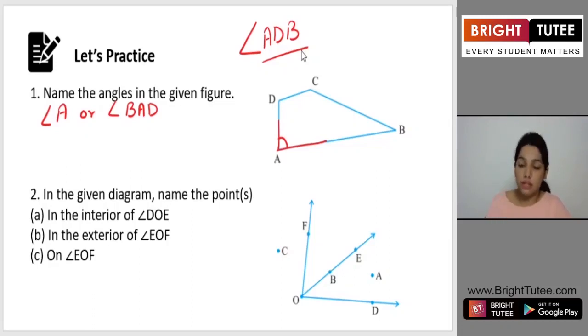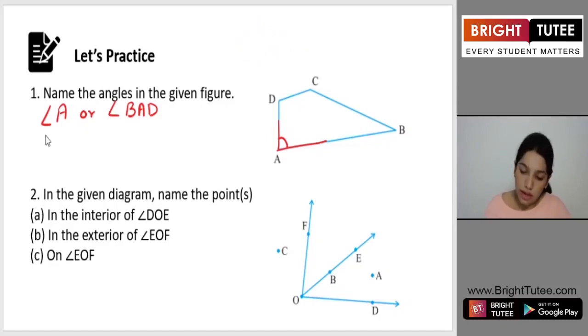It should start from a point which is on the ray. Then it should be named after the particular point where the angle is being made, and then it should be the point which is on the other ray. So here, if I'm talking about angle A, it should be only named as angle BAD. It cannot be angle ADB. Okay, so I'll just erase it from there.